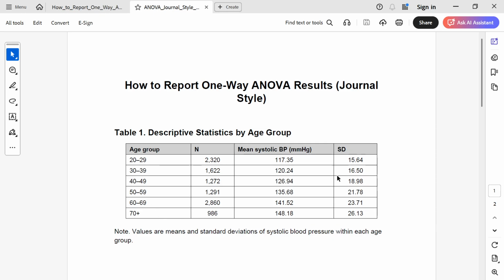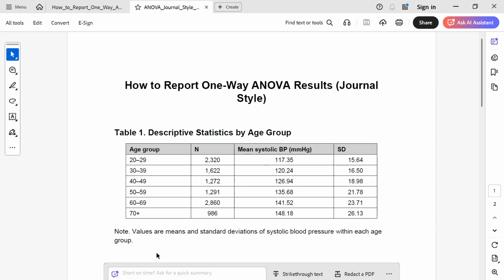So this is the way a professional table is created. You don't just copy and paste from your Stata interface, but you create this kind of professional table. Then you put a note below it, and on top of the table you put a title. That's what most journals require.